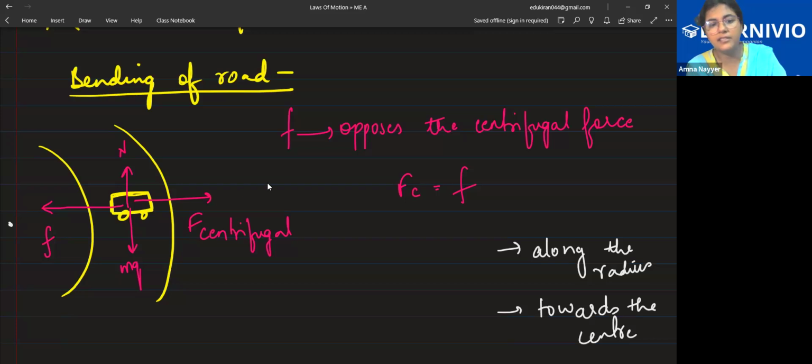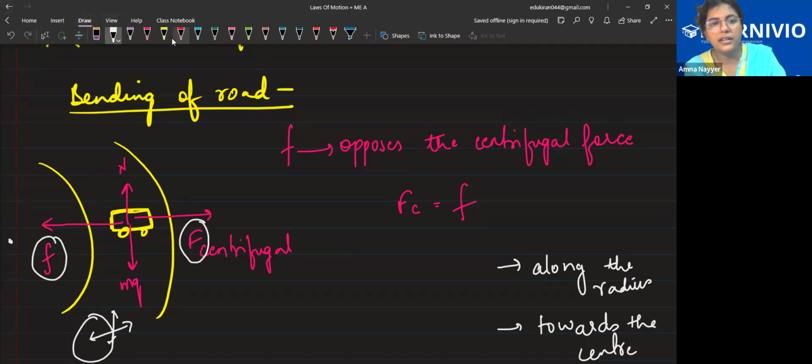You should have been confused between these two forces, not these two, which are not along the radius. Mg and normal reaction are acting like this. So it's friction.